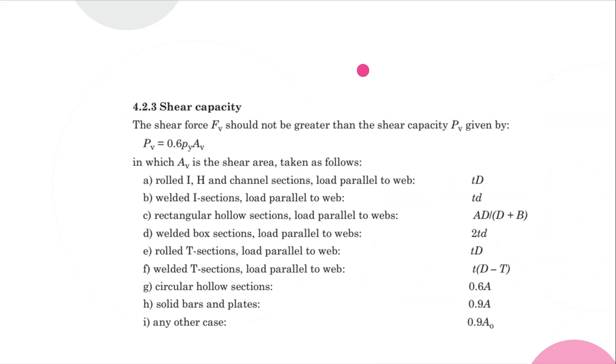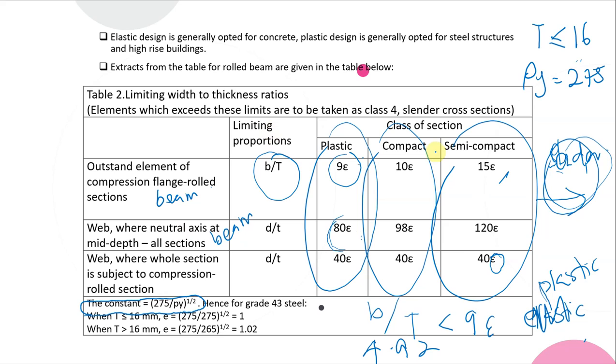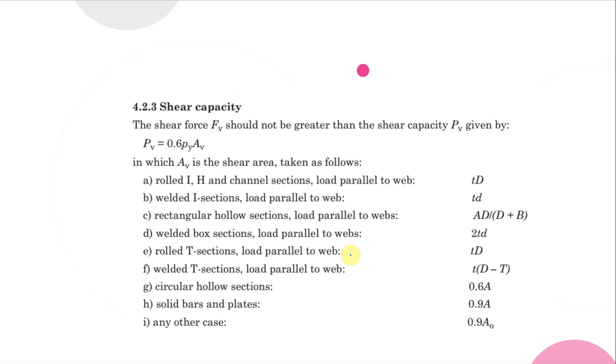And then, okay. After we have classified it, we need to know the shear capacity. Meaning, the capacity of your beam, how much it can support. Okay, PV here is the shear capacity.